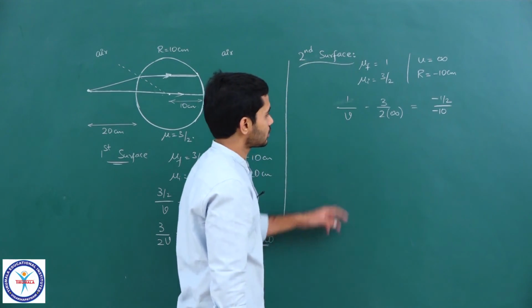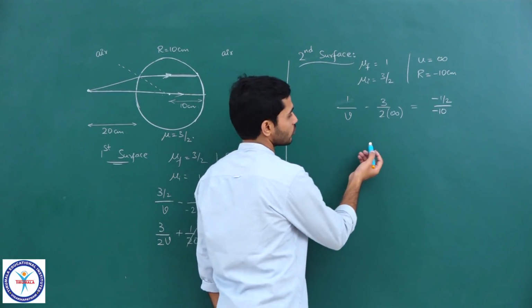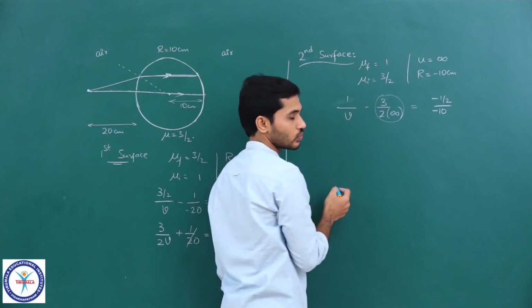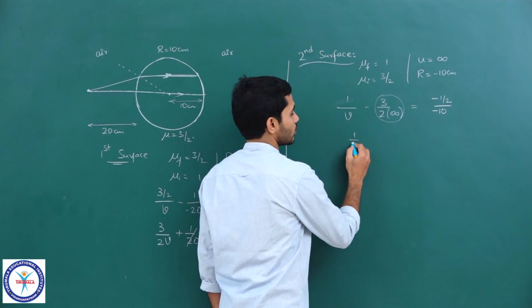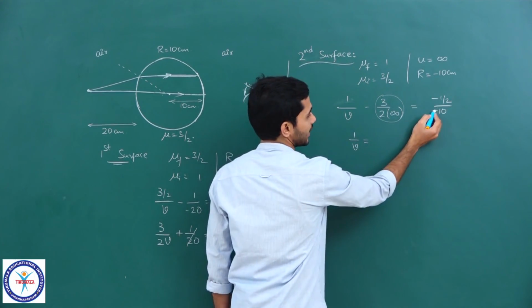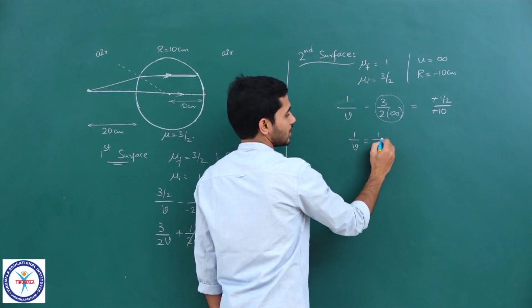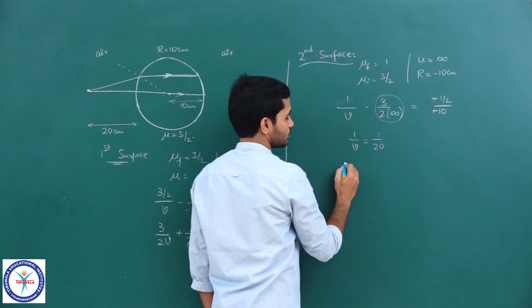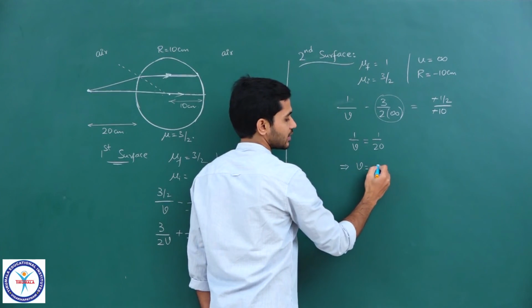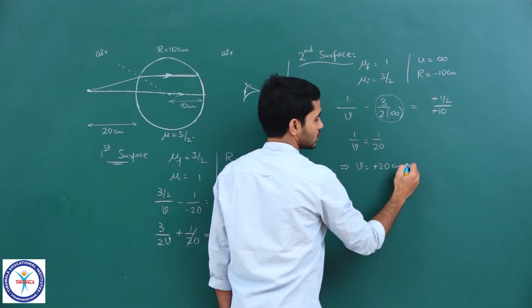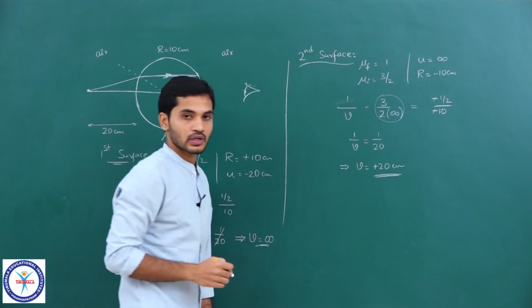So, that is it. So, simplifying this, this whole thing becomes 0, right. So, I would get 1 by V is equal to minus and minus gets cancelled, and I will get 1 by 20, which means V is plus 20 centimeters, clear.